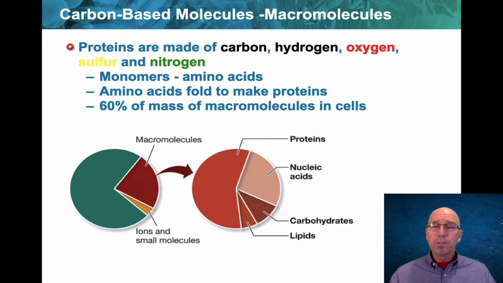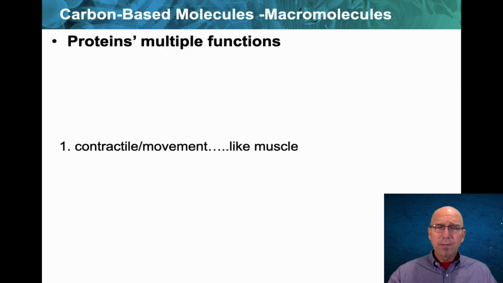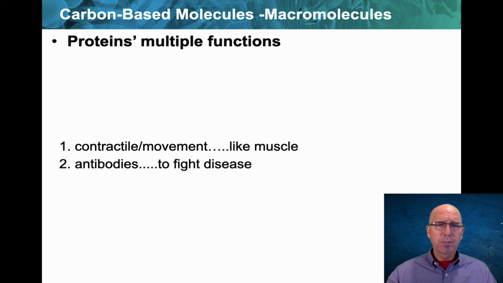So proteins do all kinds of things in cells. They're really the workhorses of cells in terms of the jobs that they do and the functions that they perform for cells. So if we look at number one, they can form contractile things, like muscles. I'll slap some images up here in a second.